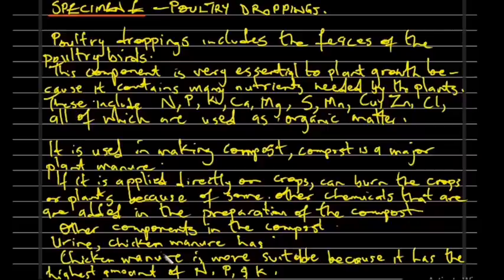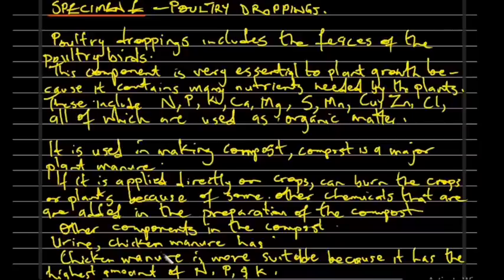Now other components of the compost, other things that you can find in addition to the poultry droppings, we have things like urine, we have the chicken manure which is also there, and other types of animal feces or animal waste. Now chicken manure is most suitable for making manure or compost because it contains the highest amount of the nitrogen, phosphorus, potassium combination.